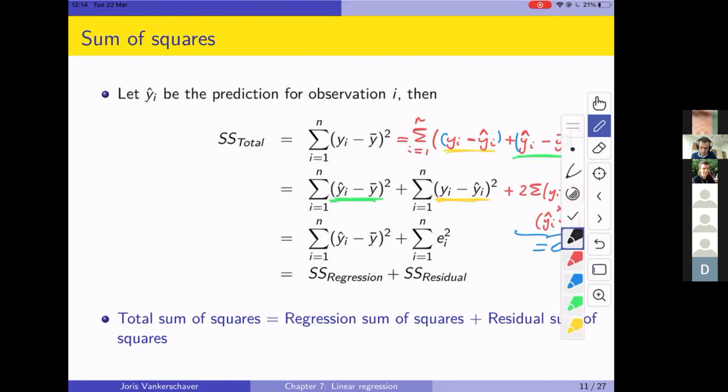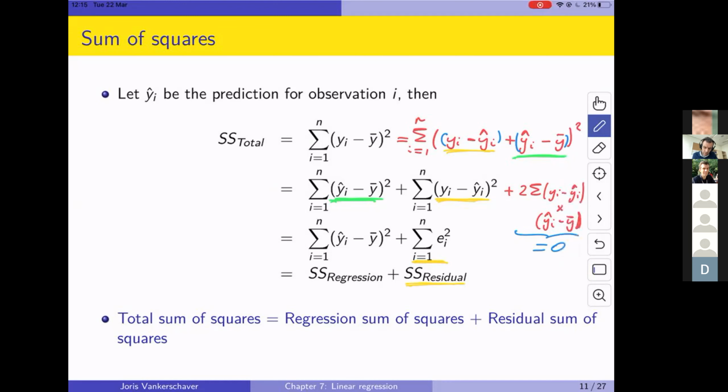The yellow one is, so yi minus y hat i, that is precisely the difference between the actual value and the predicted values. That's our residual. So what we end up with here is the sum of the squares of the residuals. And that's what we call the sum of squares of the residuals.